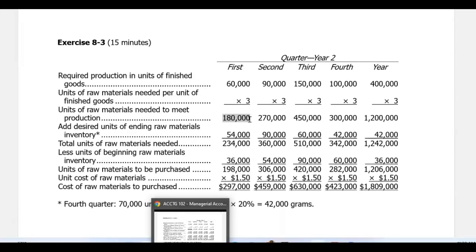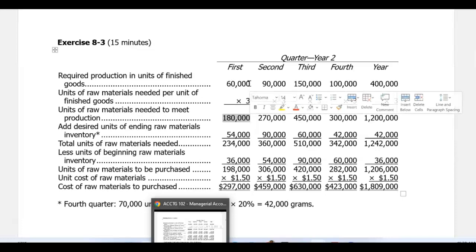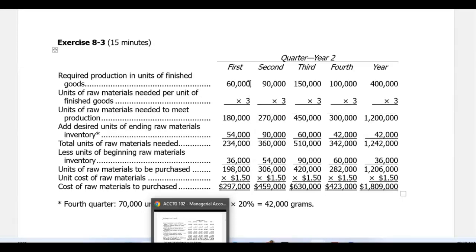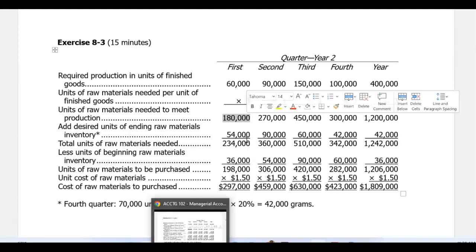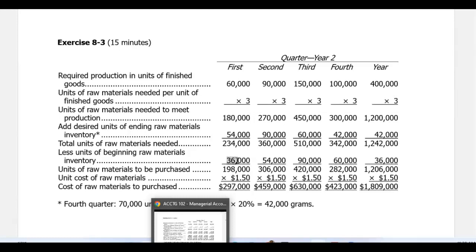So if the required production is 60,000, you know that you need 180, and you know 20% is already in reserve from the previous quarter. So 20% of 180,000, that's the 36,000 that you have already in the inventory.